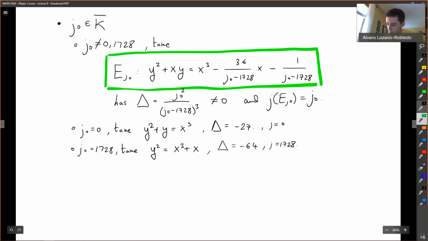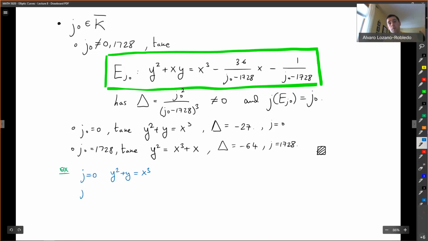So that's it for the proof of that proposition. Let me just give you an example, and then I'm going to take a mini break. I can use the formula in green to compute elliptic curves with different j-invariants. We just saw j equals 0: y squared plus y equals x cubed has that j-invariant.